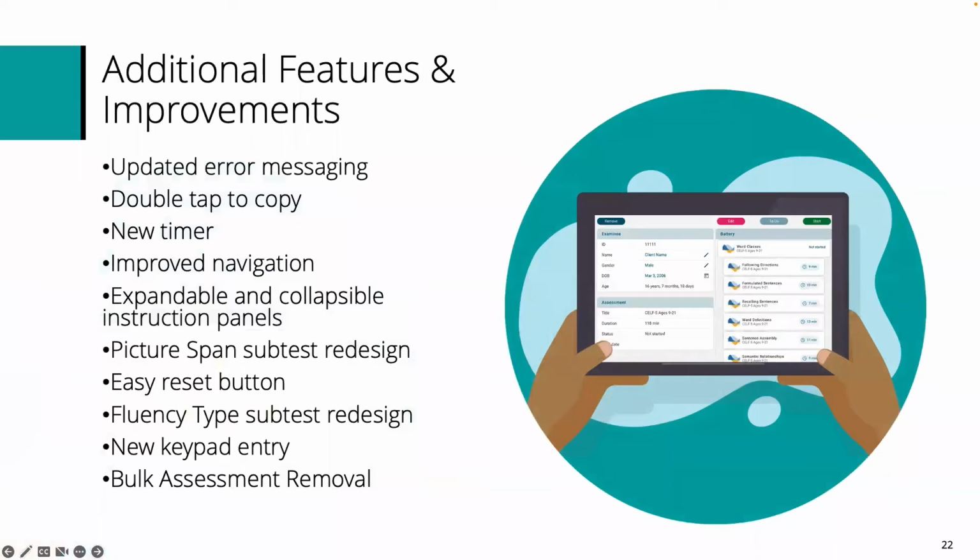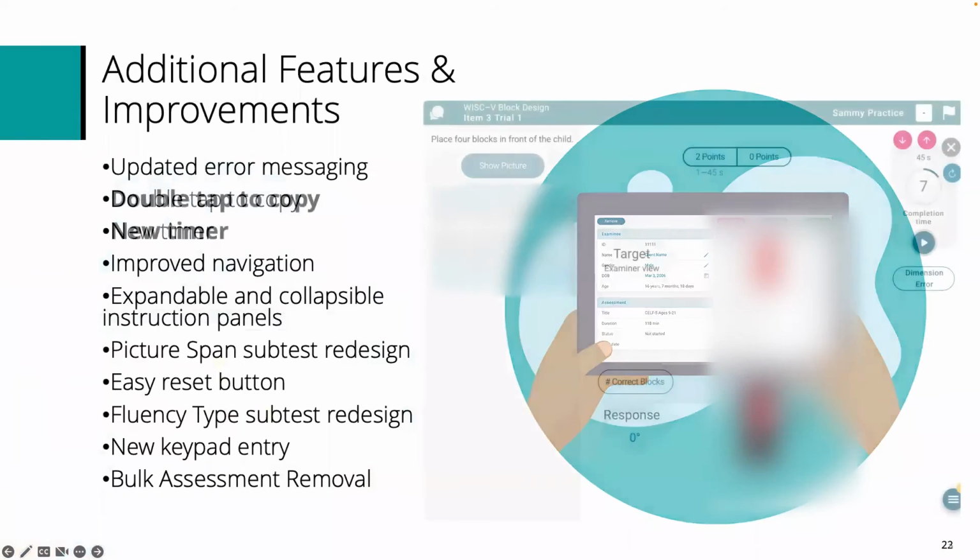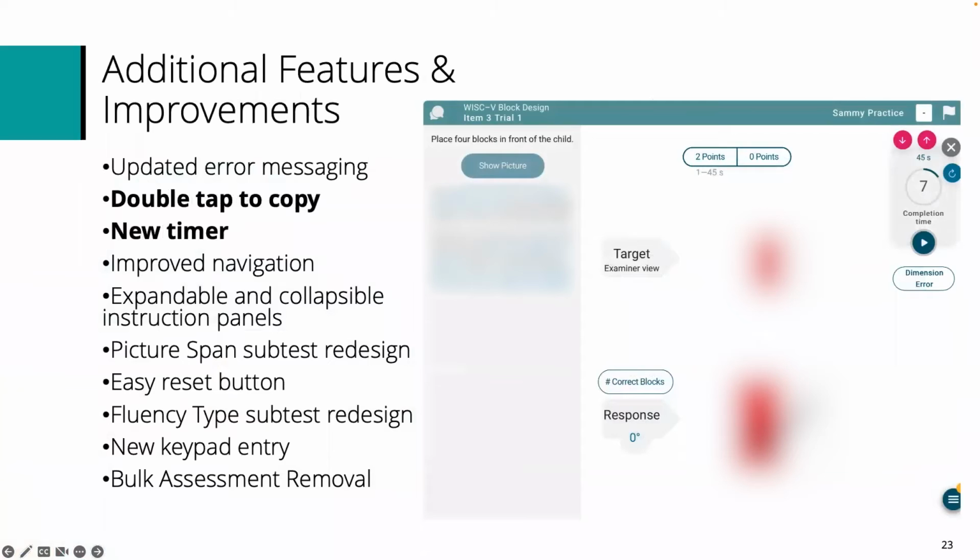There's also lots of additional features, so small little improvements that have been made. So I'll showcase some of these in the live demonstration, but just to kind of highlight some of them for now. In block design, so for those who are WISC or WAIS users, you'll notice that now if you double tap this little box here, it will automatically replicate that design down here.